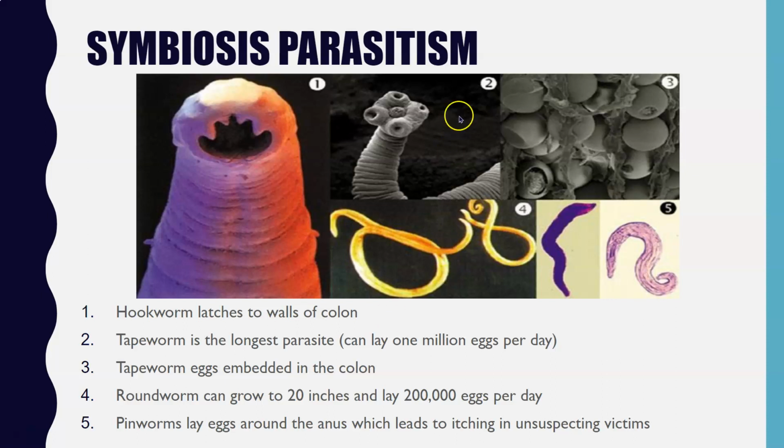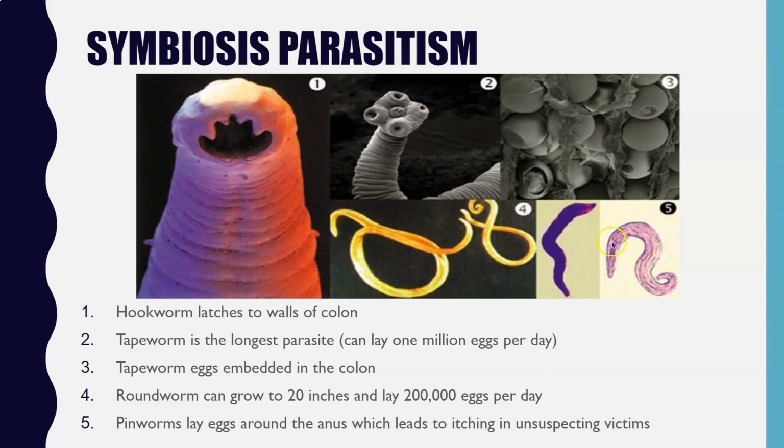That's number 2. So this is a tapeworm right here. Maybe your dog's had worms, or you've heard of someone having a tapeworm, where they literally lay eggs and embed in your colon. And these are the eggs embedded in a colon. Number 4 is roundworm, a parasite that can grow 20 inches and lay 200,000 eggs per day.